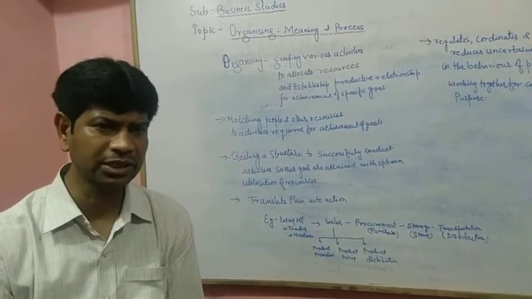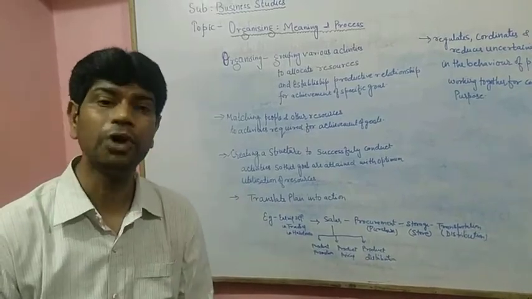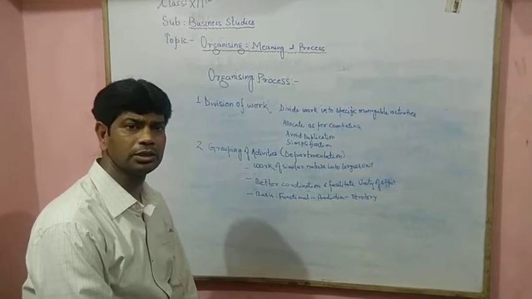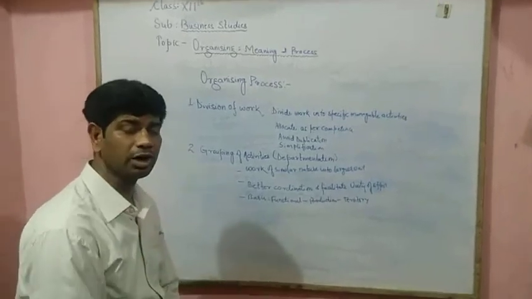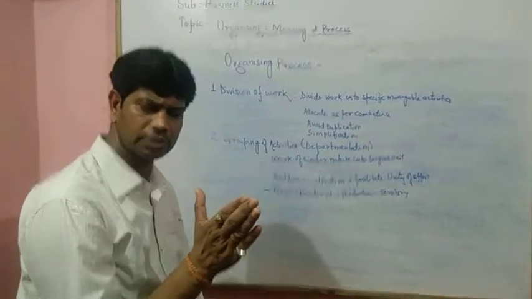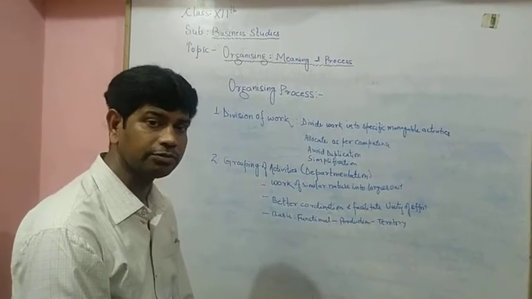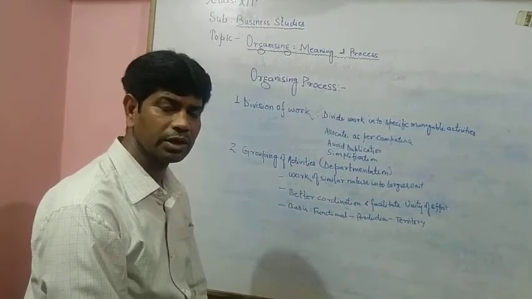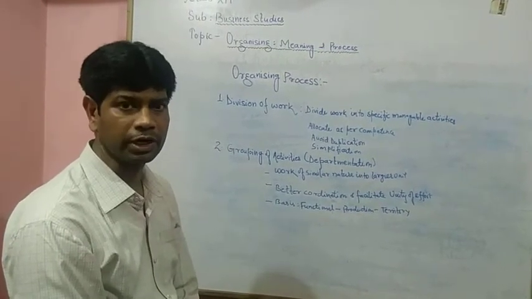Now we shall be proceeding with the various stages of organizing. Now we shall proceed with the process or the steps that are involved in the process of organizing. The first step in organizing of activities is division of work.